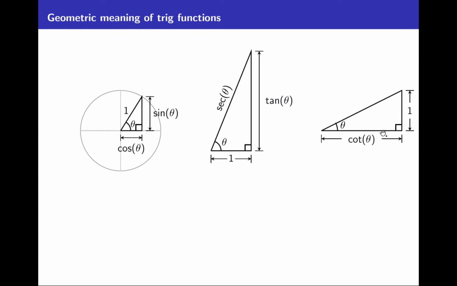So the adjacent side of this triangle is literally cotangent of theta. And likewise, if you look at hypotenuse over opposite, that is hypotenuse over 1, and that ratio just equals the length of the hypotenuse, but also hypotenuse over 1 is cosecant. So in this triangle, we have a geometric picture of cotangent theta and cosecant theta.